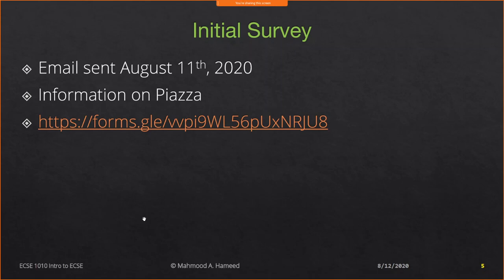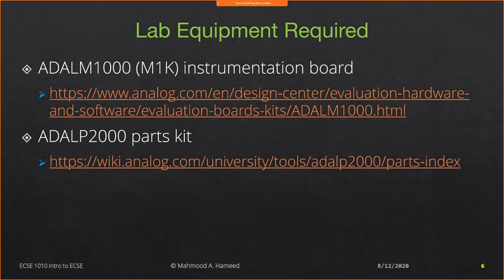Okay, let's move on. Now, coming to lab equipment, what do we need? We need an instrumentation board, and the instrumentation board, we are going to call that M1K, and it comes in this little box here. I have pictures of this on the later slides, but I'm going to call it M1K.